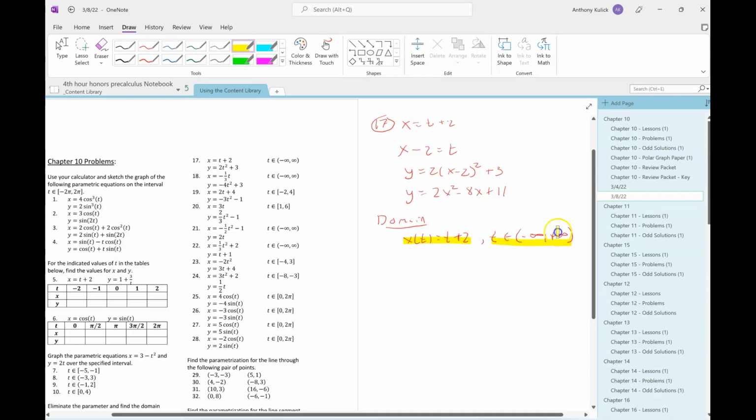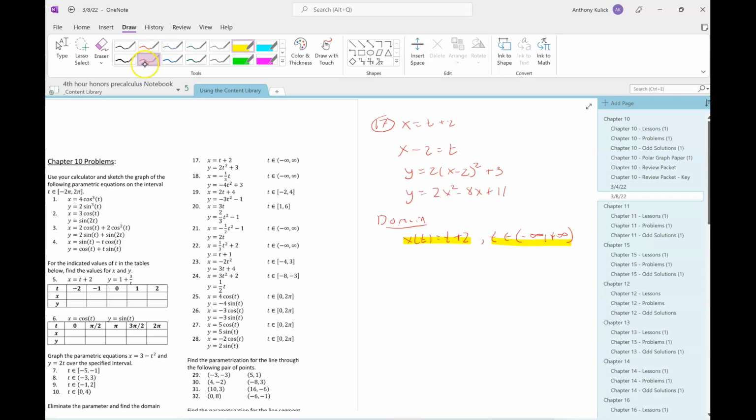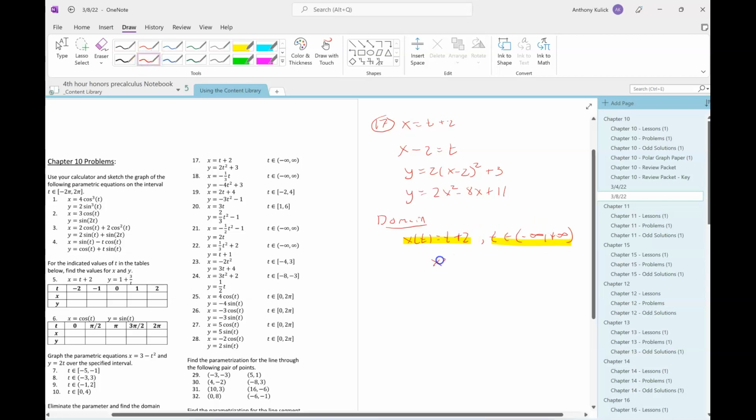And since the domain for that linear function is all real numbers, the range must also be all real numbers. So the domain for our Cartesian function is also all real numbers. So what did you have to do to get 2x squared minus 8x? I've just FOILed out the step before it and combined like terms.